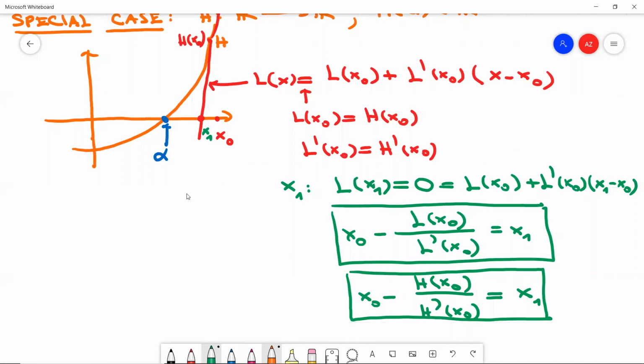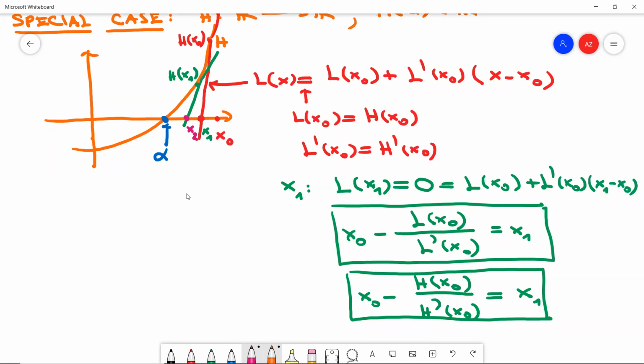And now I repeat this procedure. In x1, I go to the graph of h. I have here h of x1. Calculate the tangent. And where the tangent meets the x-axis, this is my new iterate, so x2.